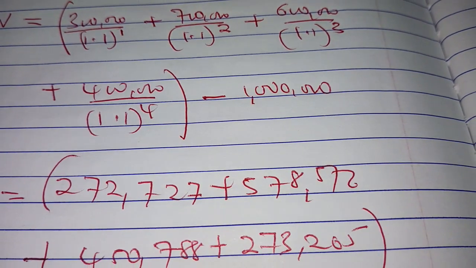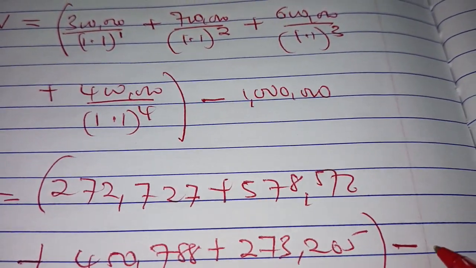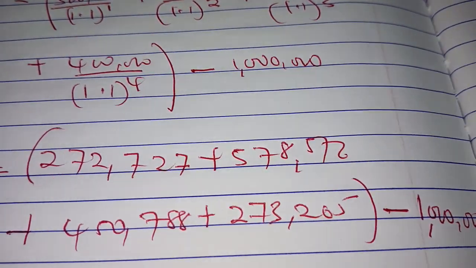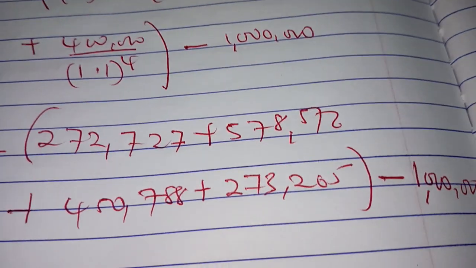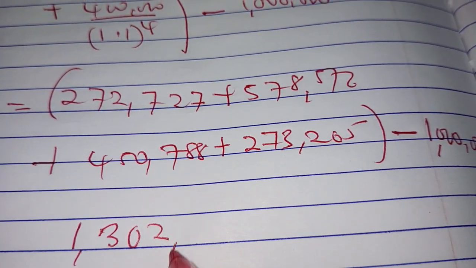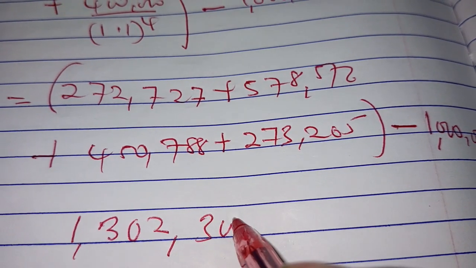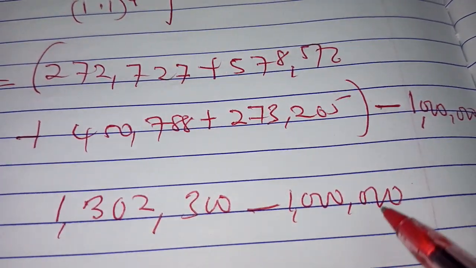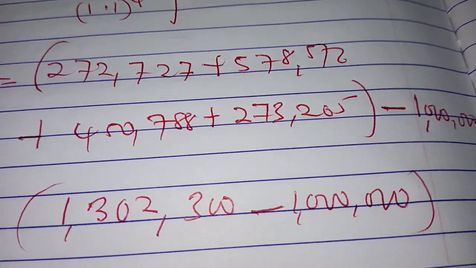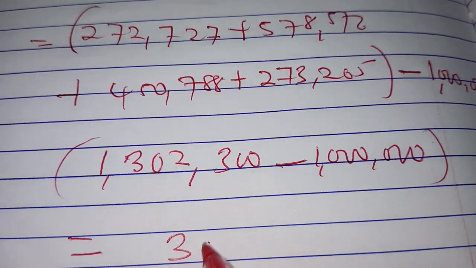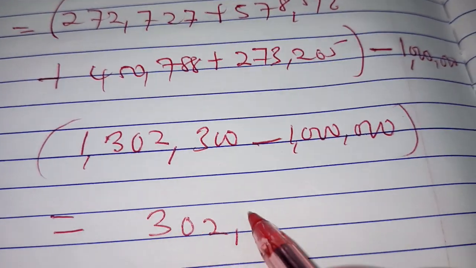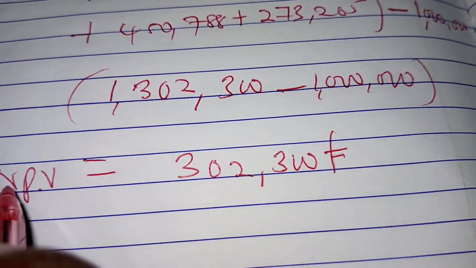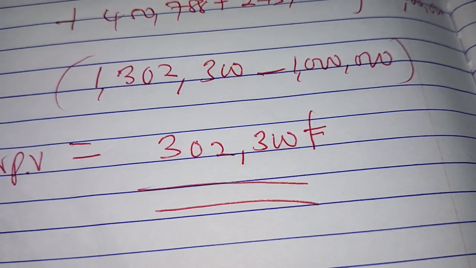We shall add all that, and then we shall subtract the 1 million that we had invested, that's the cash outflow. The total here becomes 1,302,300 shillings. If we subtract now the cash outflow, which was 1 million in our initial investment, then we shall get an NPV of 302,300 shillings. That is the net present value of our investment.